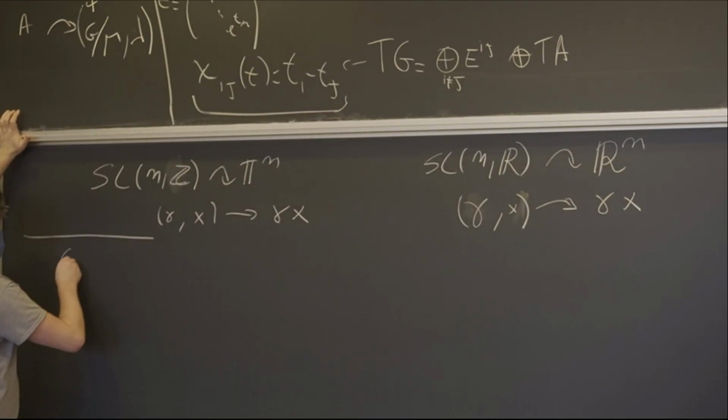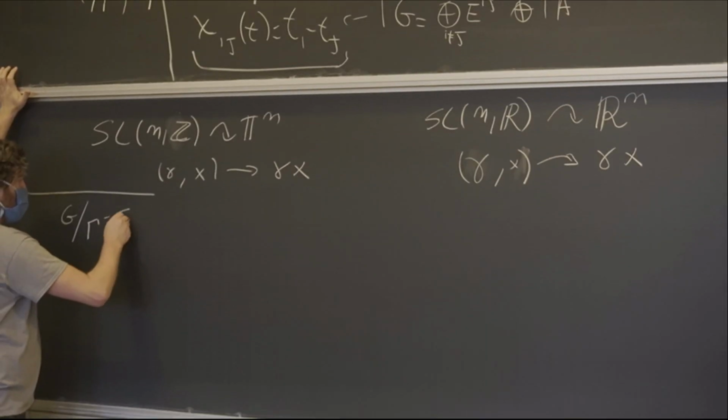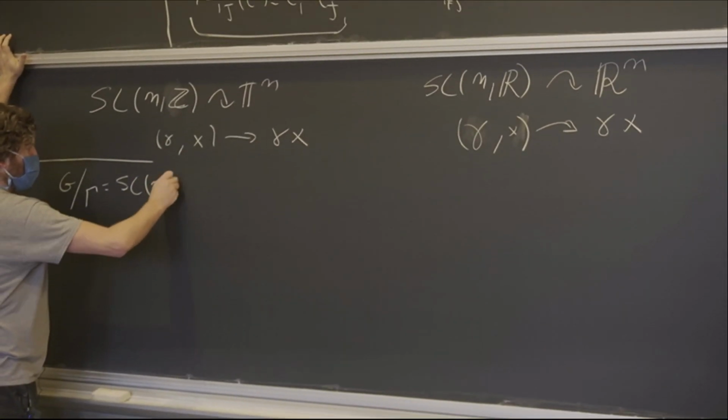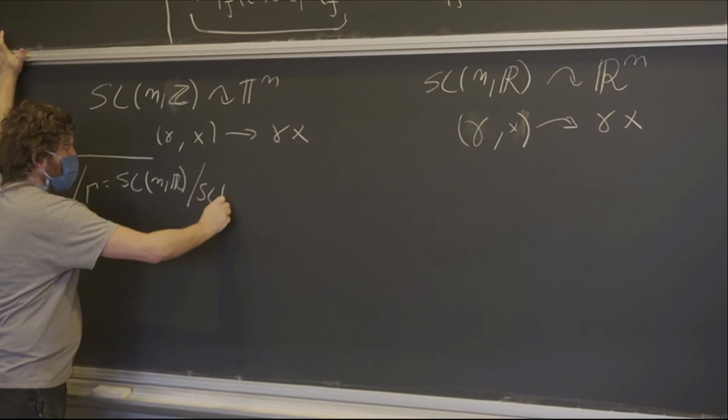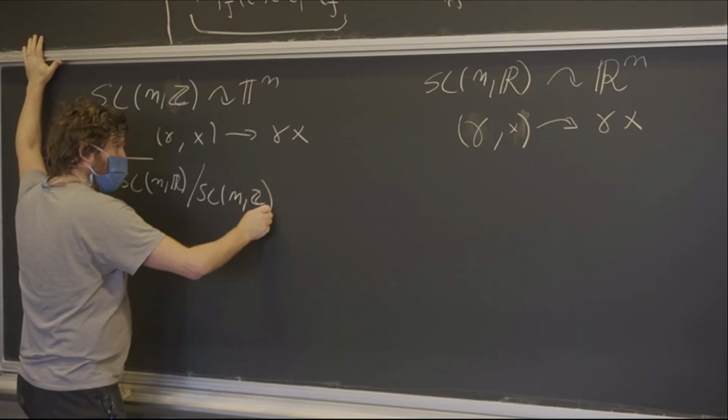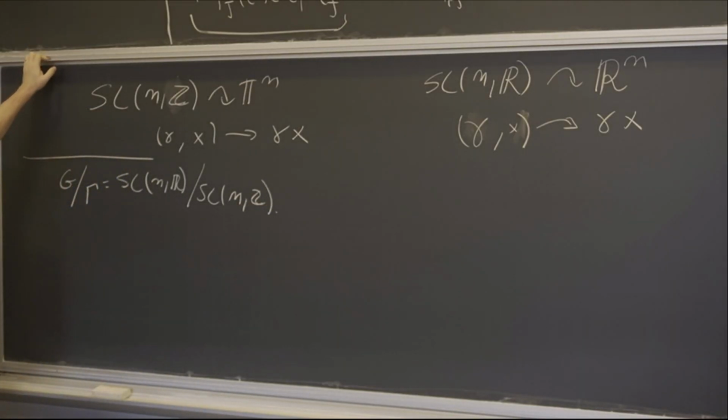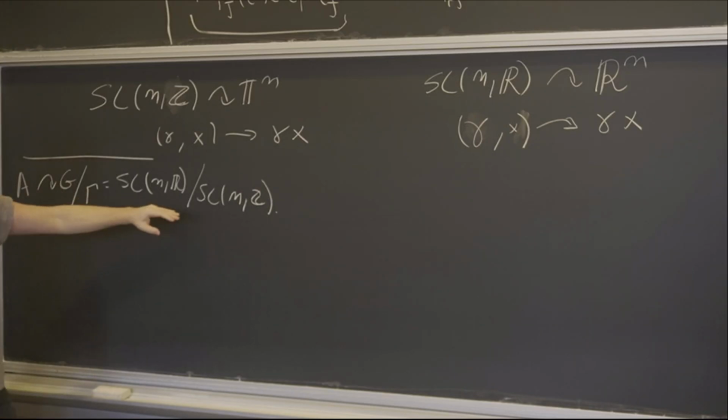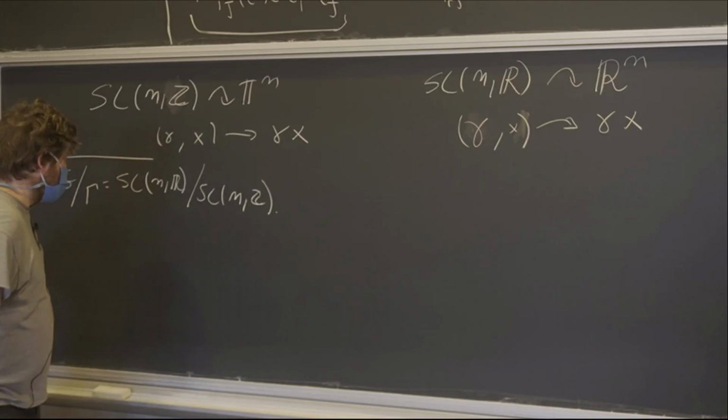We have here G mod gamma, which is SL_n(R) mod SL_n(Z). We have the diagonal group acting here. And there are some very special orbits, which are compact orbits of this A action on this SL_n(R).